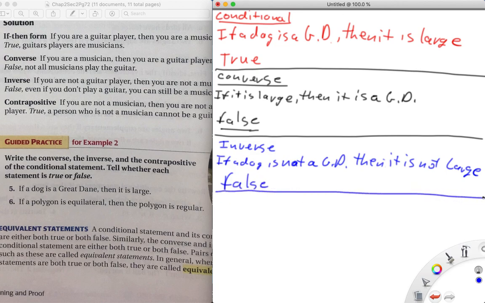And then we have the contrapositive. And that one is, if a dog is not large, then it's not a Great Dane.